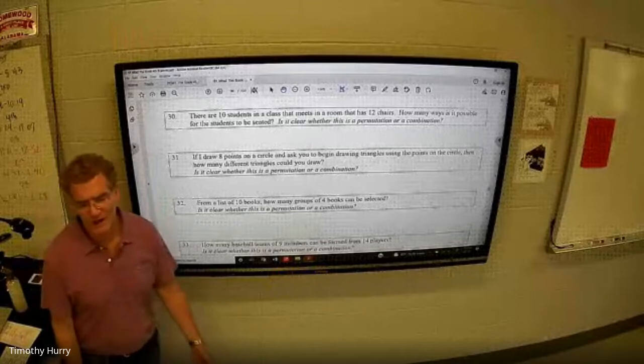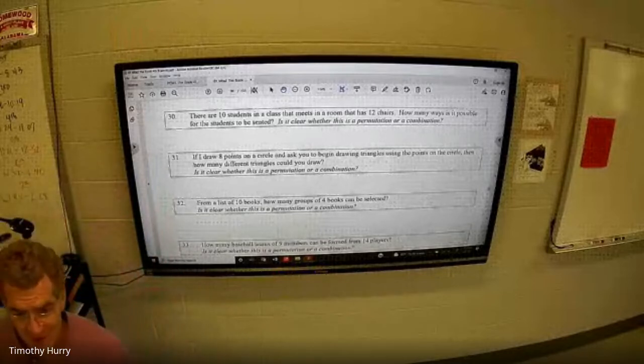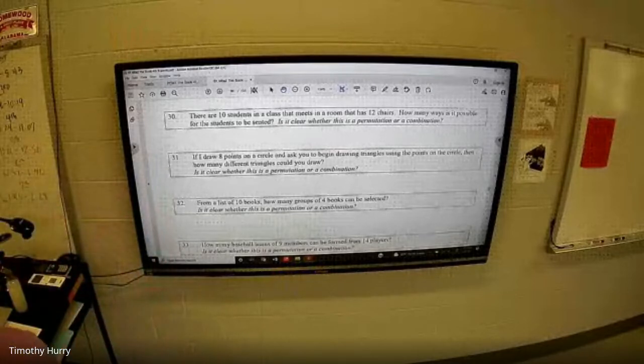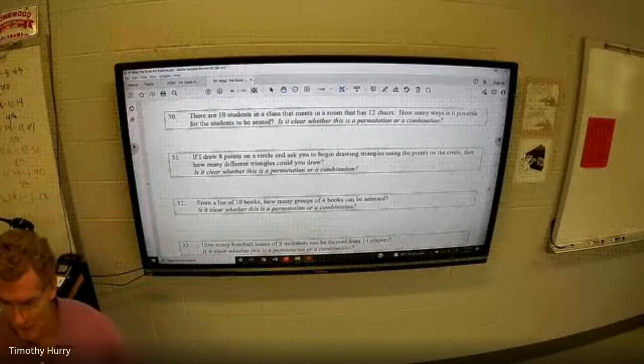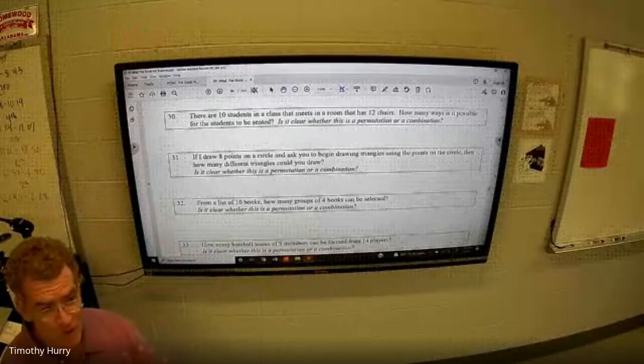What things are going on here? There's a couple ways to do this. Imagine 10 of you walk into my room. There's 12 chairs. There's 2 ways to think about this.